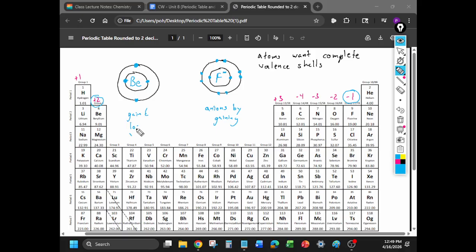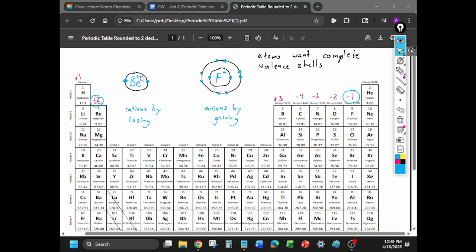We talked about this last class: if you lose your electrons, you lose your outer shell, and the inside shell becomes the new valence shell, and it is now stable. So Be wants to lose 2 electrons to become Be2+. This is another way that it can stabilize its outside shell. By getting rid of its outside shell, the inside becomes a new outside and is already full. So cations become their ions by losing electrons, and they lose a shell in the process.